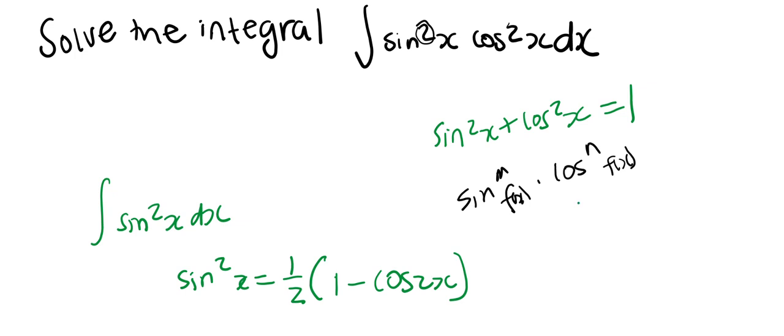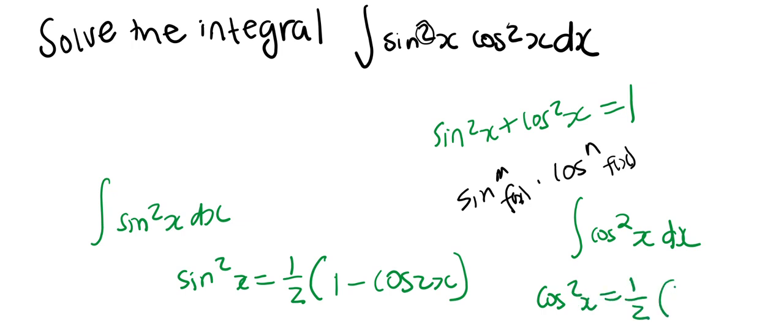And when we're integrating an even power of cos, let's say cos squared 2x dx, we then use the identity cos squared x is equal to 1 over 2 times 1 plus cos of 2x. Those are the identities that we used, right?